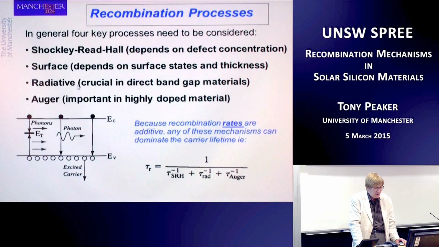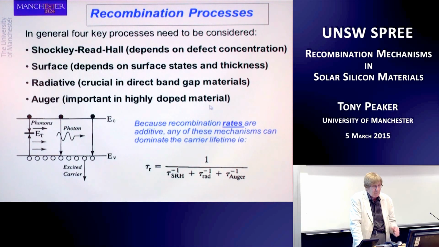Radiative recombination is not important in silicon at all as a competing mechanism, but crucial in direct bandgap materials. Auger increases as the square of the carrier concentration for band-to-band Auger, and so it's important in highly doped materials.